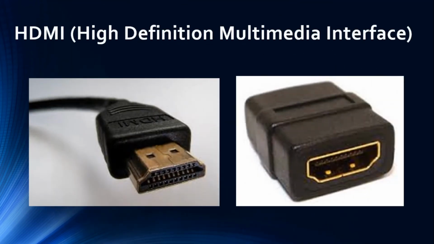HDMI. This is the high definition multimedia interface. You can find it in old computers, but most recently you can find it in most newly produced computers, most especially your 8th generation computers.